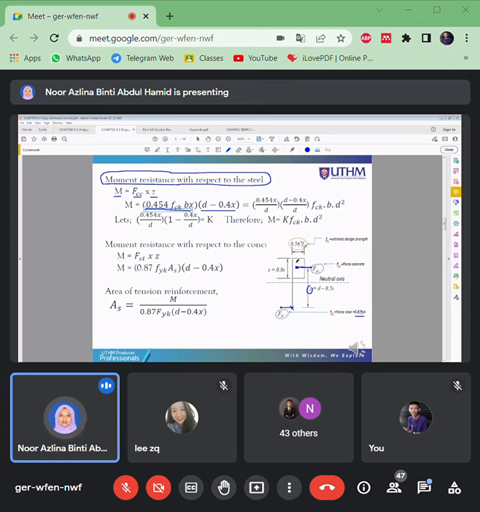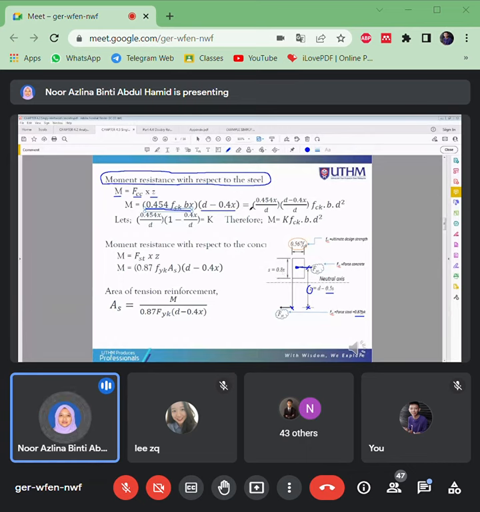So that means half of it is 0.4X. So the distance from the arrow to the level of the steel here is D minus 0.4X. You can also use 0.5S like I said earlier, so whichever value is easier. It is 0.5S, it means 0.4X here.